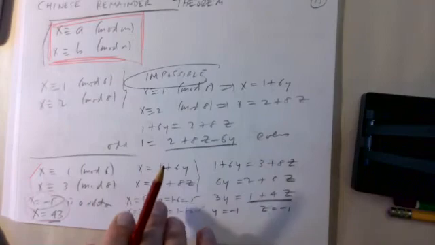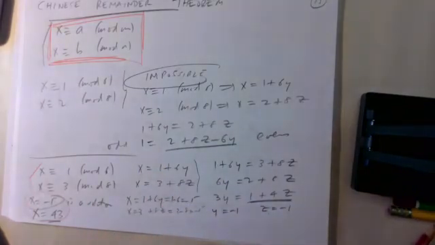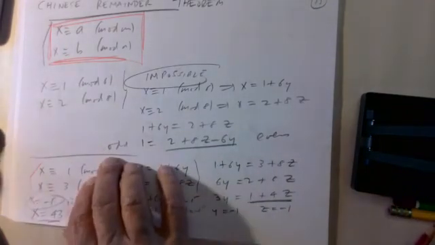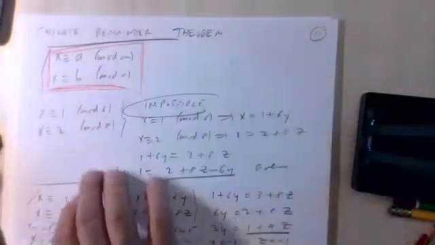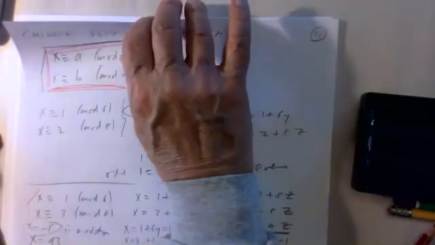And the Chinese remainder theorem gives us a necessary and sufficient condition for this set of congruences to have a solution. What the Chinese remainder theorem says is exactly the following.